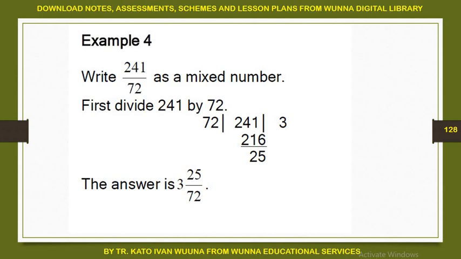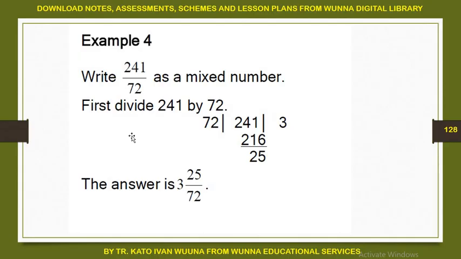If you look at our fraction, which is 241 divided by 72, in this fraction the numerator is bigger than the denominator, so it is an improper fraction, and therefore our task is to change it to a mixed fraction.